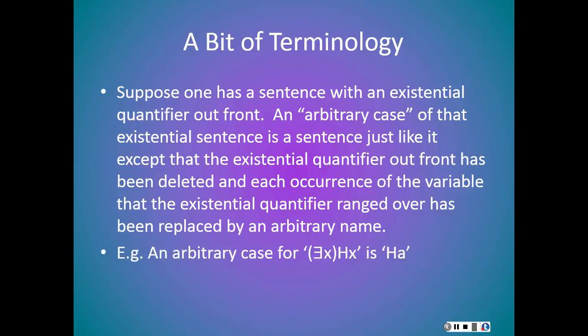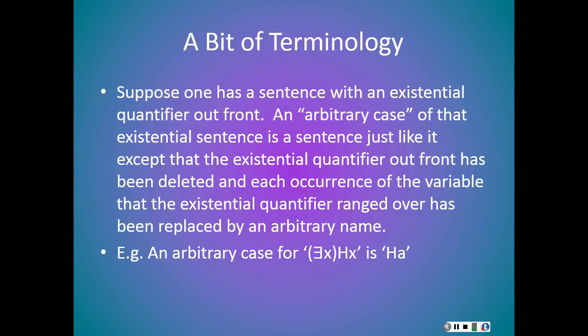So let's look at a couple of examples. An arbitrary case for there exists an x such that Hx is Ha. Note what I've done here is I've taken the first sentence, the one with the existential quantifier out front. I have deleted the existential quantifier and replaced the variable x with the arbitrary name a.